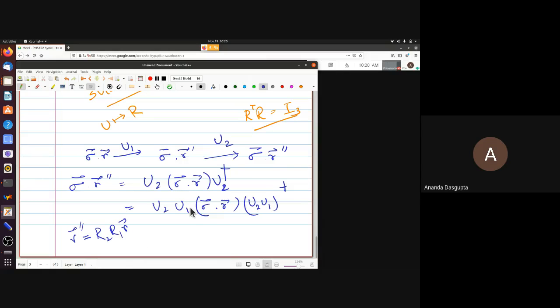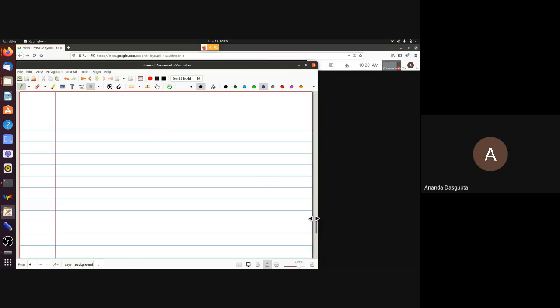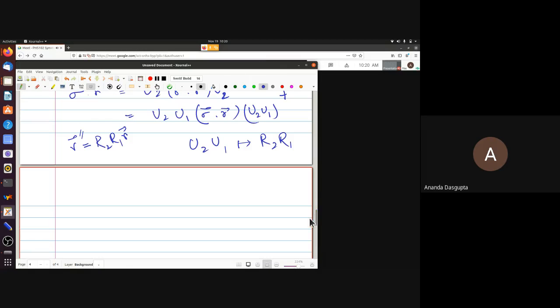Where R1 is the map which is induced by U1, and R2 is the map which is induced by U2. In other words, U2 U1 maps to R2 R1. So this map from U to R actually preserves, or at least respects, the group multiplication rule. So what you have is a homomorphism.